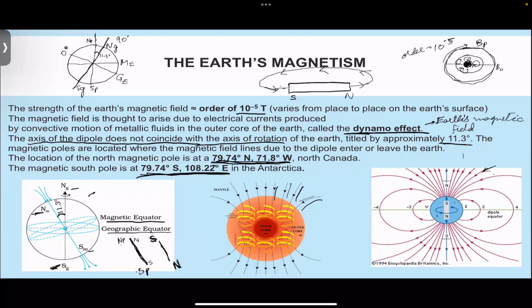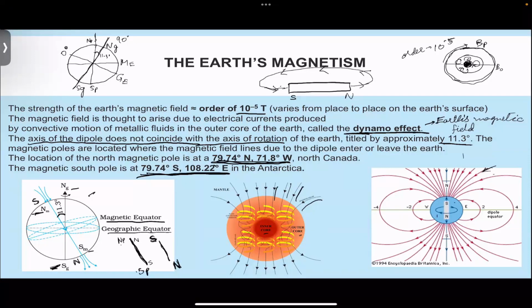So in reality, the north magnetic pole behaves like the south pole of a bar magnet inside the Earth. The direction that is given, where this is going inside, if we consider the Earth as a bar magnet, this is going to be the south pole of the bar magnet and this is going to be the north pole.